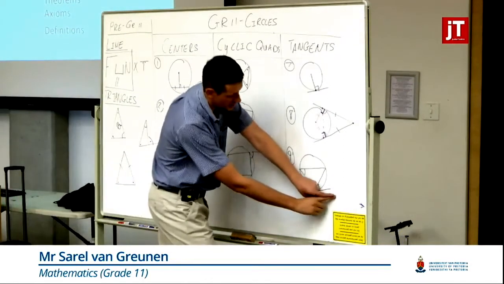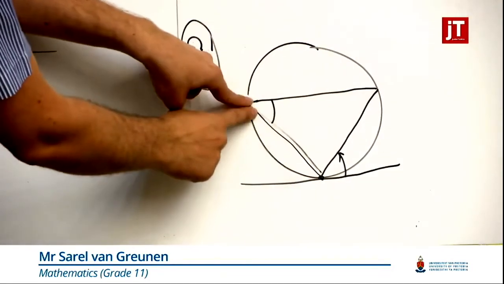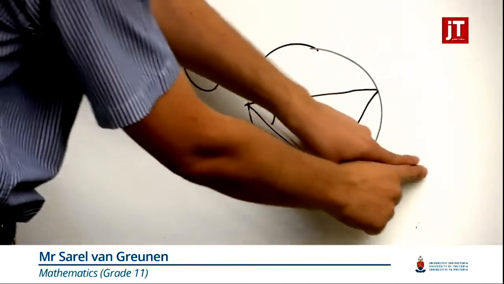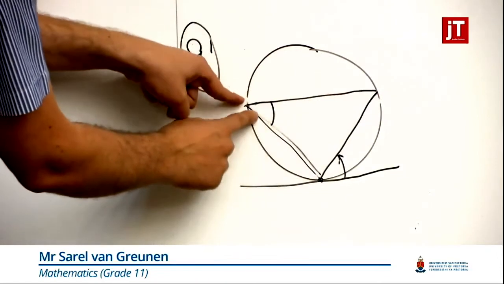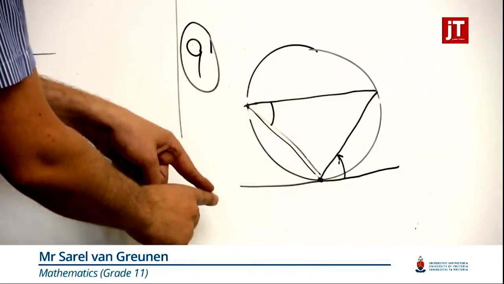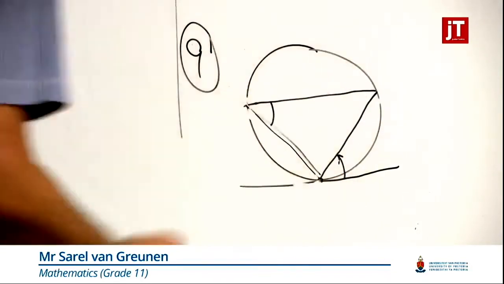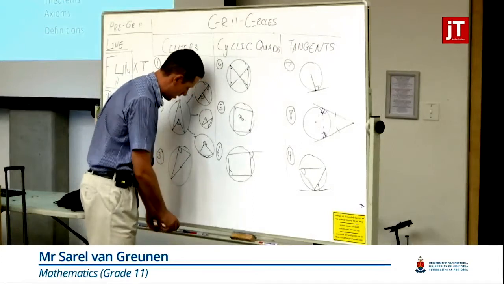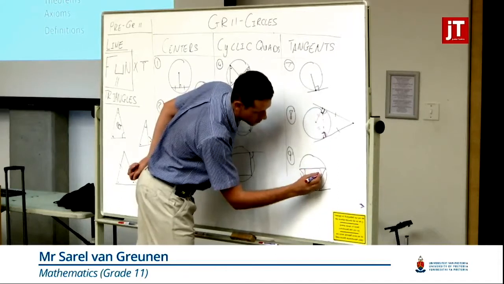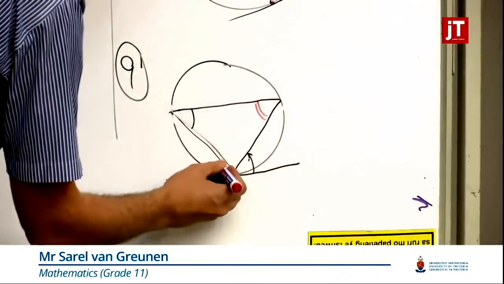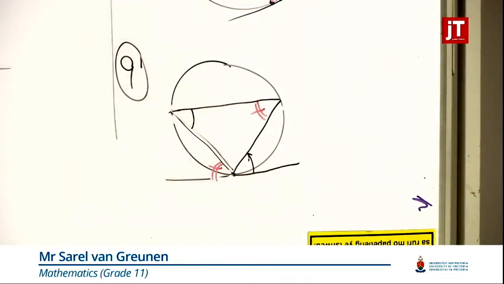You follow the tangent, make the angle, bring it together. Follow the tangent, make the angle, bring it together. The same from this side. Make the angle, bring it together. So this one on this side is equal to that one. Okay, let's just do that so you guys don't get confused.